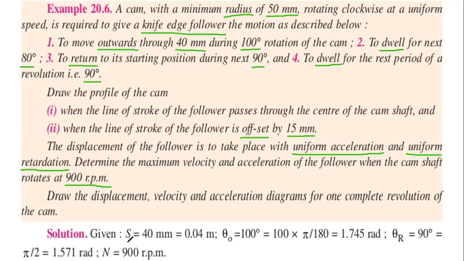Given stroke of the follower, that is 40 mm, is taken as 0.04 meters because we are converting it to meters.